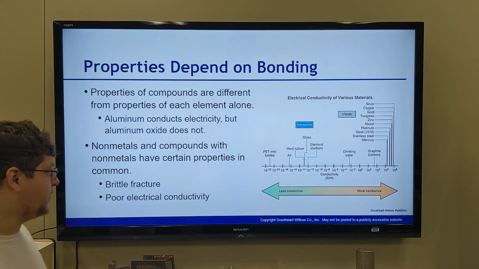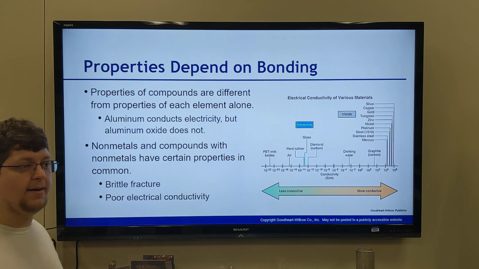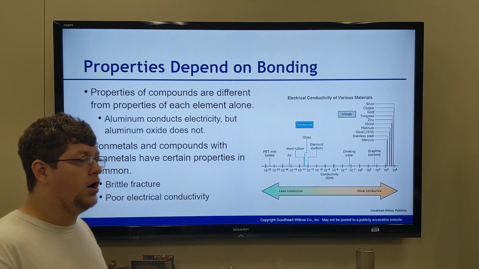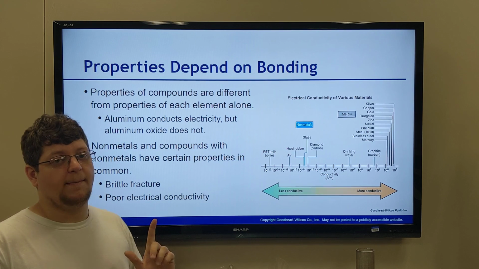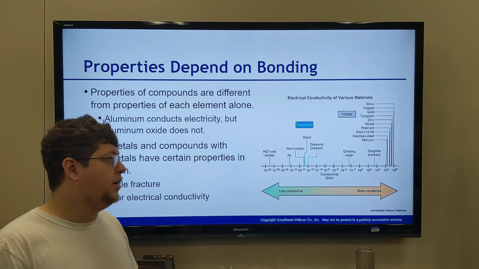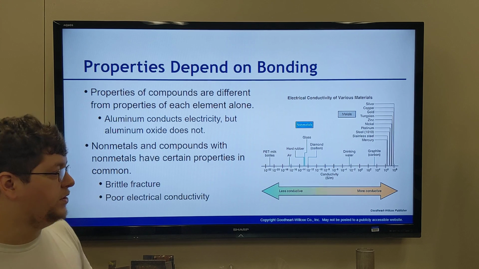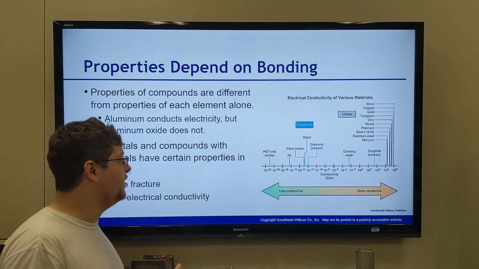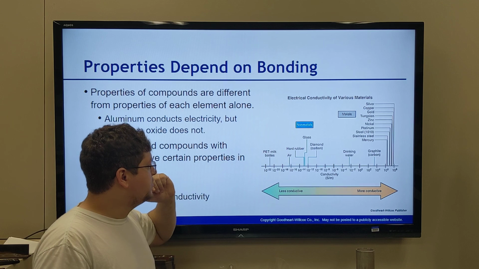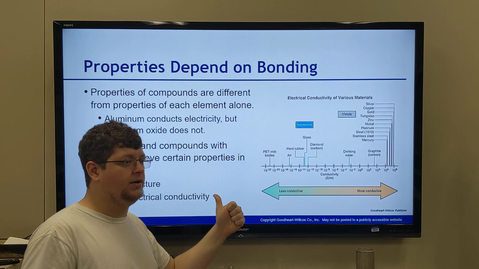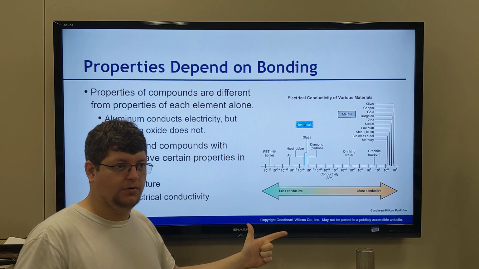It is one of the absolute hardest. But hard does not mean it's not brittle. We'll start going more into that when we talk about shear strength. But remember, hard typically means it's more brittle.